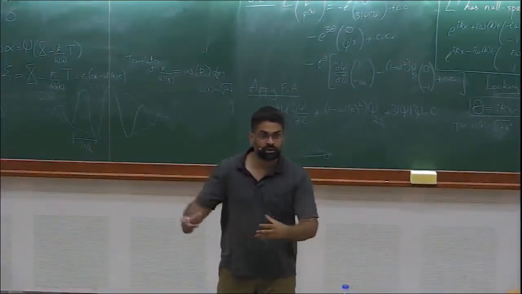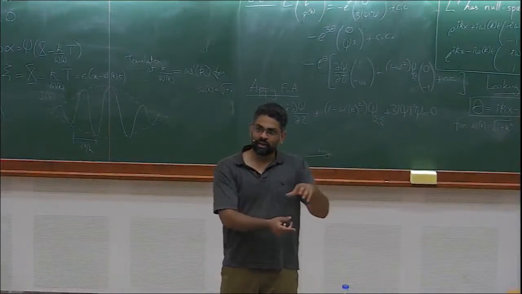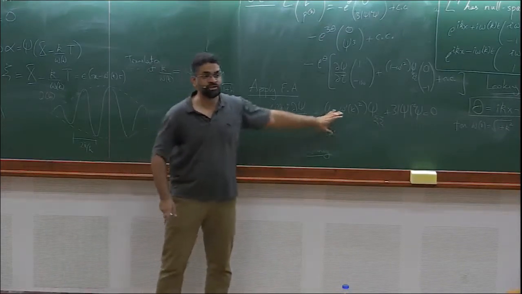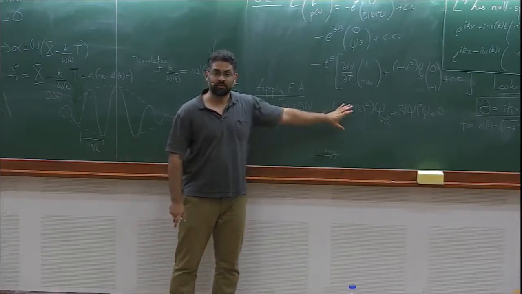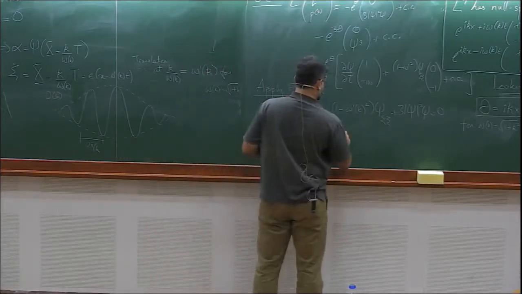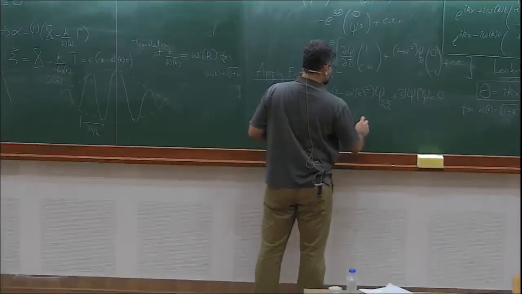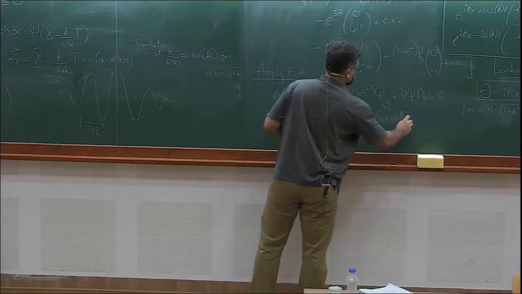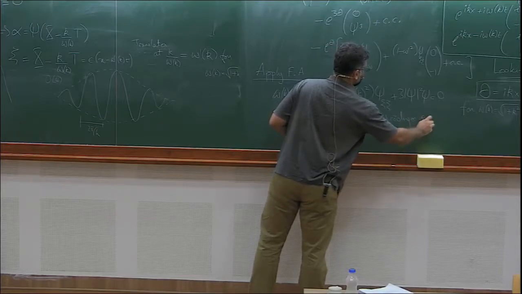I get the modulation of translation, and I get a modulation of some new phenomenology dictated by this PDE, which we may as well give a name, nonlinear Schrödinger equation.